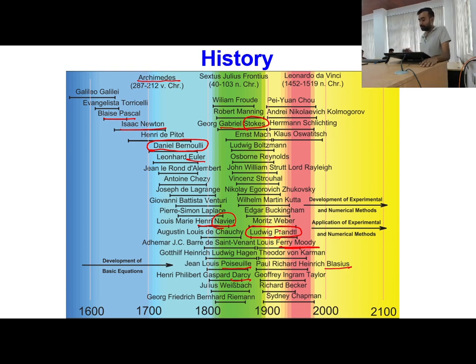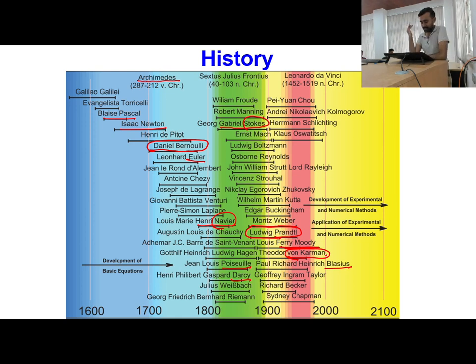Ludwig Prandtl's work was very important, and it was then carried on by some of his students. Von Karman is one important student of Prandtl. He did his research work with Prandtl. Whatever equations were developed by Prandtl, he gave an approximate solution for them using the integral approach. These are some of the important names.